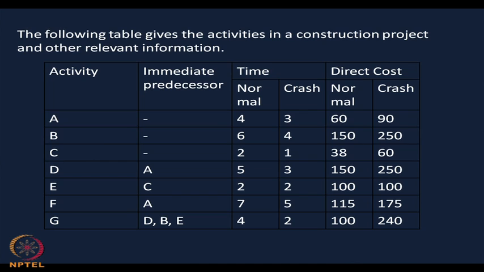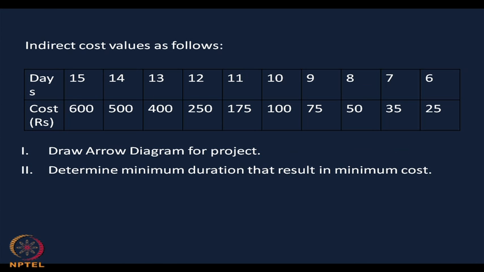So, I am putting the data in two ways: the normal time and the crash time, and similarly the normal cost and the crash cost. This is the direct cost, and there is another cost which we call indirect cost, that is, if the project is completed in 15 days, the indirect cost is 600.